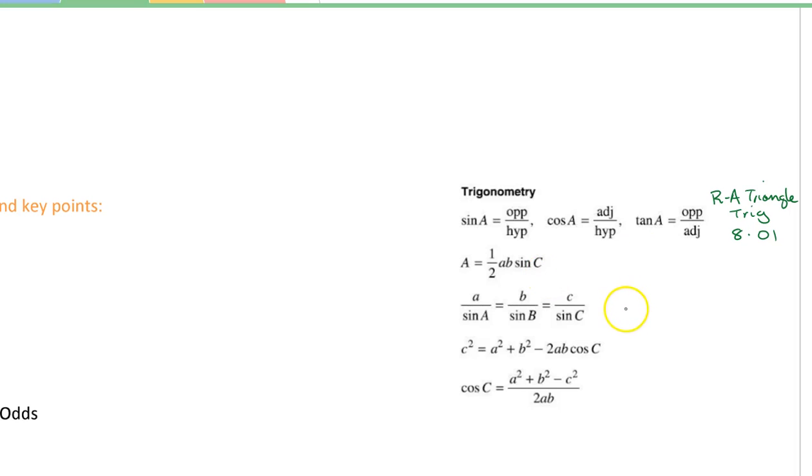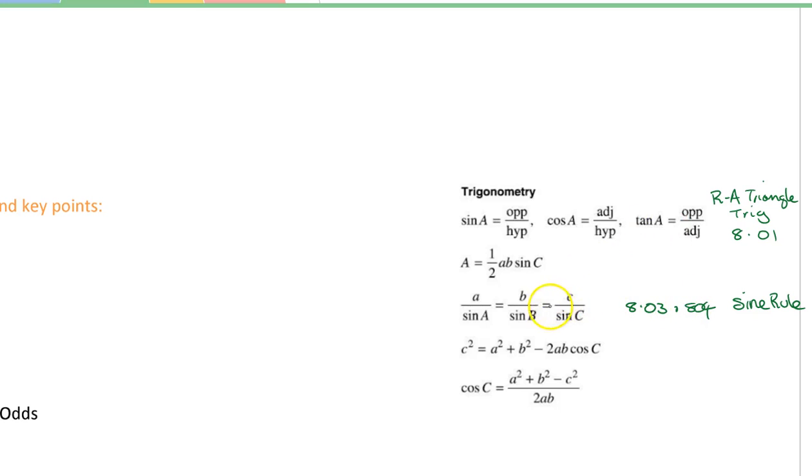This one we've just done in exercises 803 and 804, because this one is the sine rule. What happens here is that we've moved away from right angle triangles to any shaped triangle, including an obtuse angle in a triangle.